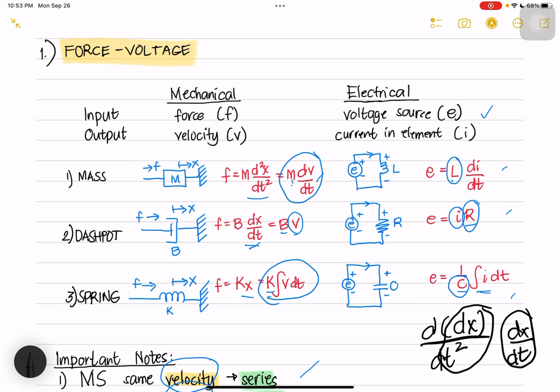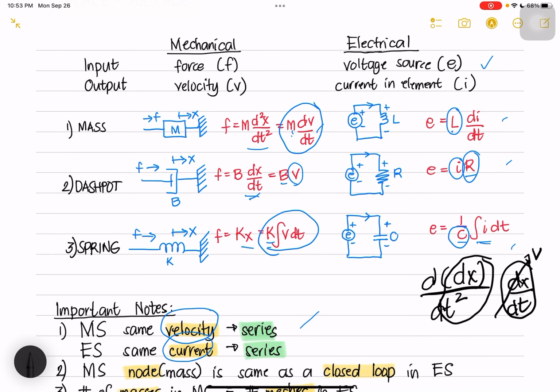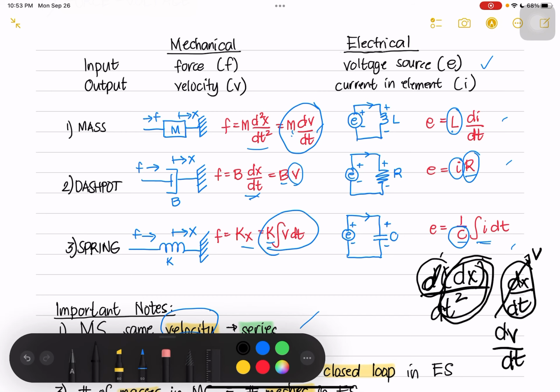Ano ba yung dx over dt? Diba, yan ang formula for velocity, change in displacement over time. So kapag sinubstitute natin yan dito, it will be d, v over dt. That's why we came up with that formula.